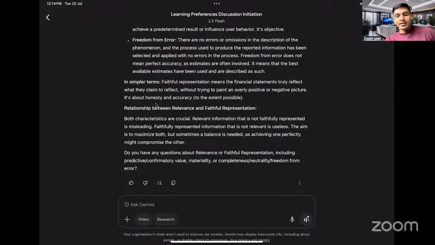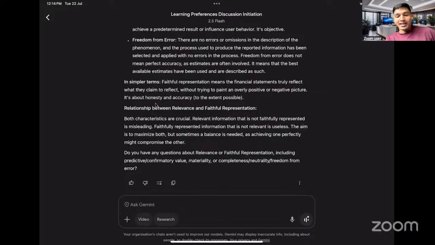Relationship between relevance and faithful representation. Both characteristics are crucial. Relevant information that is not faithfully represented is misleading. Faithfully represented information that is not relevant is useless.